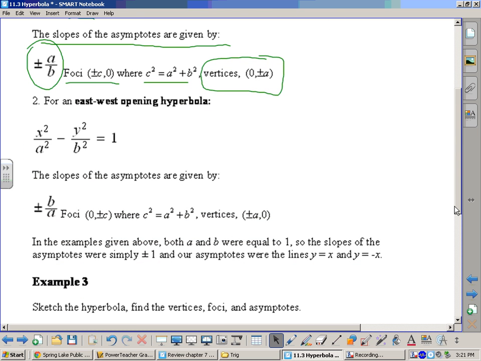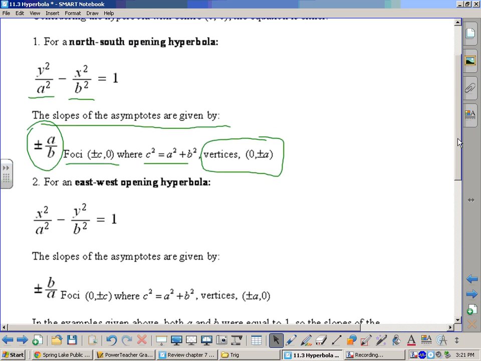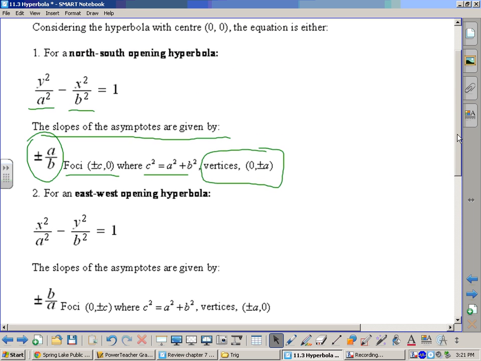An east-west opening is just switch the x squared and y squared. Hyperbola, I hope I didn't say ellipse, hyperbola. And here, notice a squared here on the north-south is underneath y squared, whereas on the east-west, it's under the x squared. So a and b do not switch with x and y. a will always be the first number, b will always be the second number.